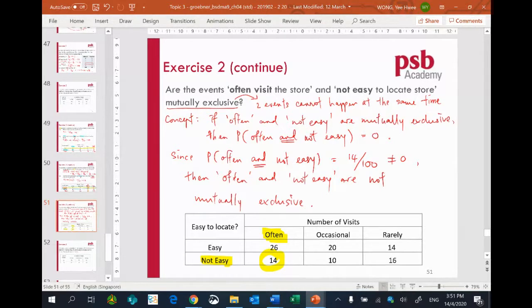That's how we go. You need to know the concept of mutually exclusive first before you can proceed to do this question. So if 2 events are mutually exclusive, 2 events cannot happen at the same time. So if these 2 events cannot happen at the same time, then the probability of them happening at the same time should be 0. So if we find that this probability is not 0, then these two events are not mutually exclusive. That's it.